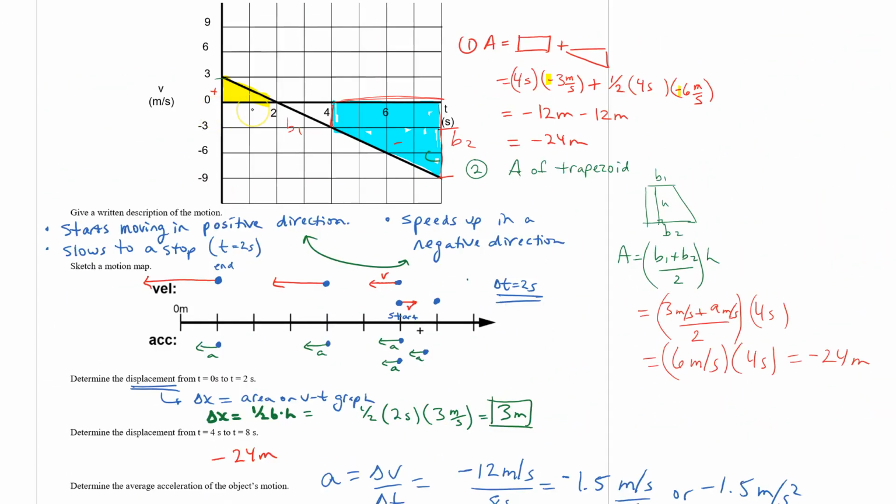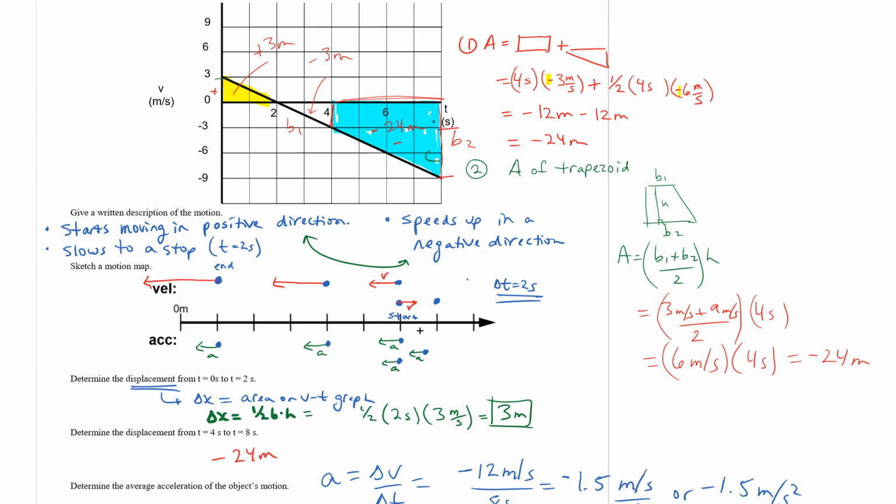After 2 seconds, we found out it goes 3 meters. So if we're thinking about all these units here, this section here is going to be plus 3 meters. This clearly is the same shape, it's just below, so it's going to be minus 3 meters. And then this shape over here, we found in 2 different ways, was minus 24 meters.